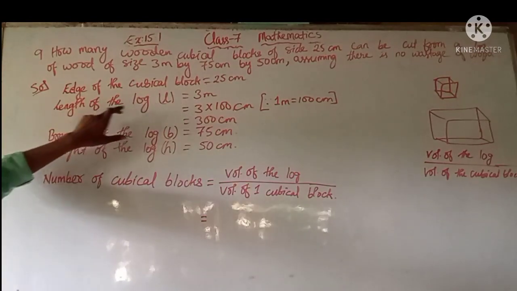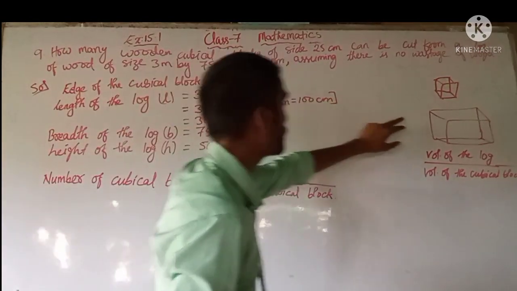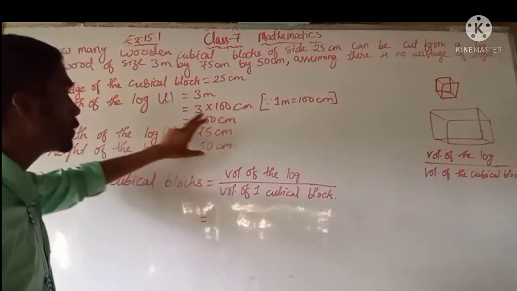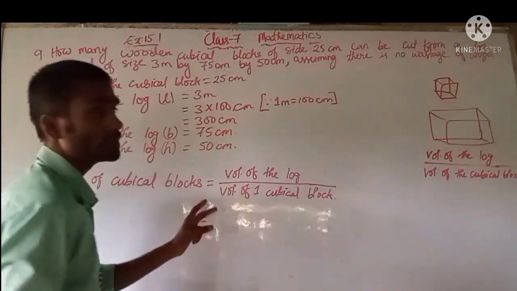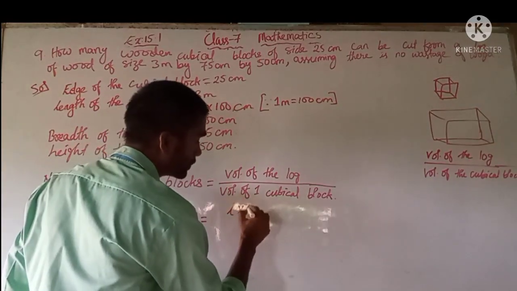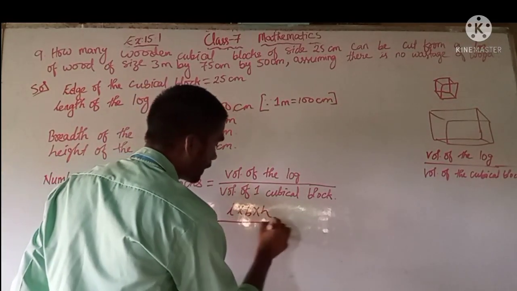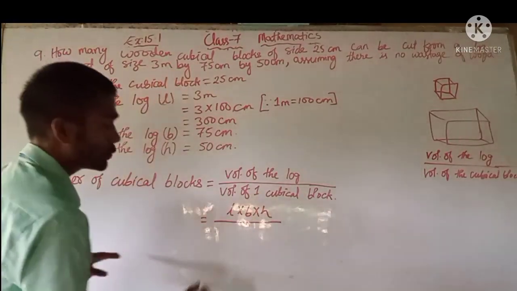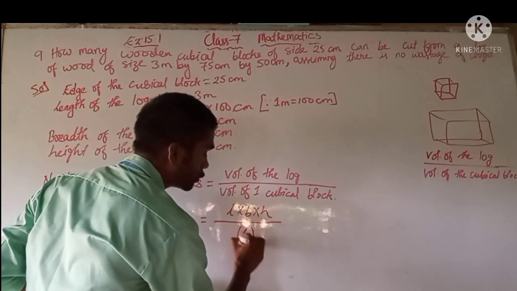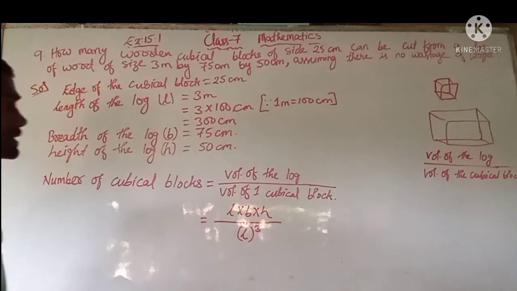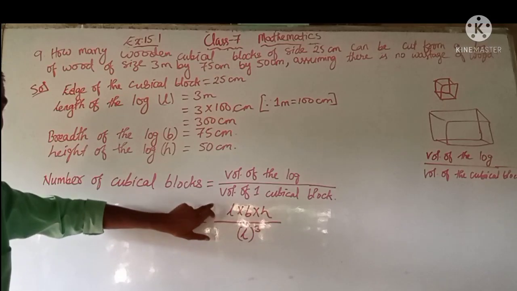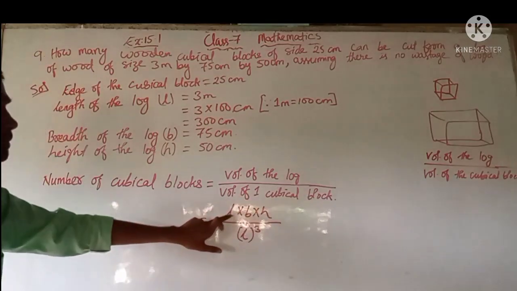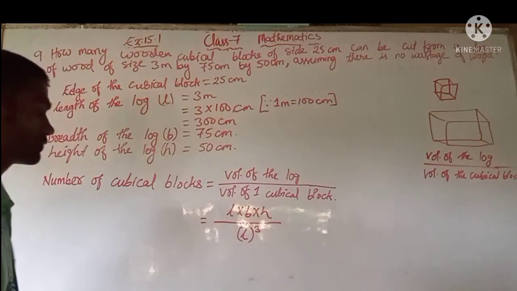It is given in the shape of a cuboid, so we will use this formula, that is length into breadth into height divided by volume of the cubical block, that is in the form of a cube, so we will write here L cube. Now here we can see that both are L, so don't get confused. This L represents the cubical block and this one is for the log.